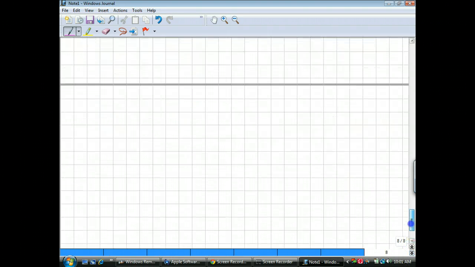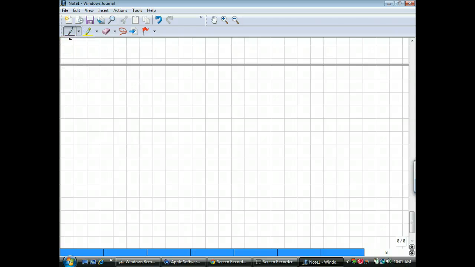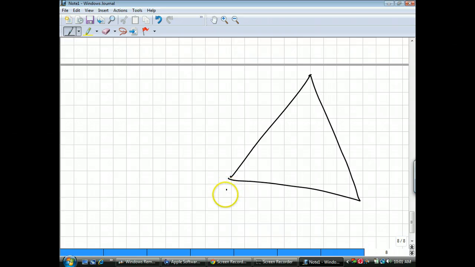All right, next one. If I have triangle ABC, and I have segment BE, where I know that EC is congruent to AE, then what is the best name for segment BE?